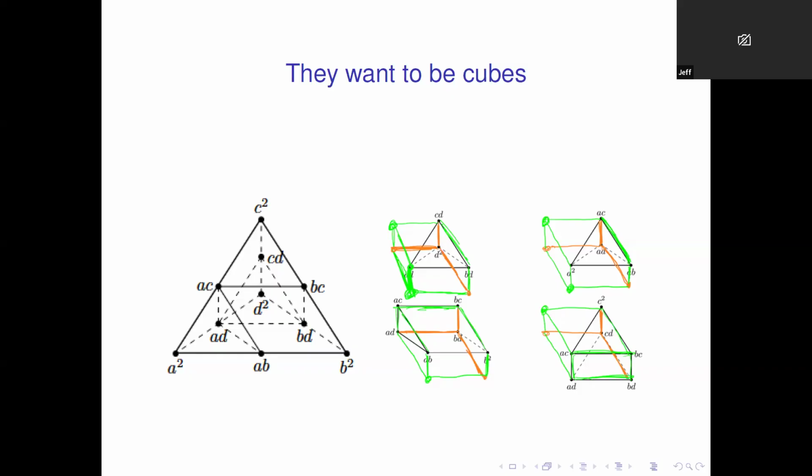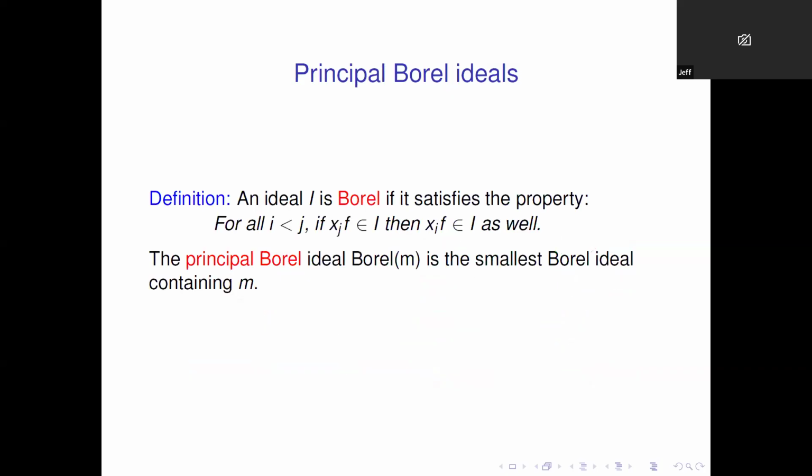And so what you can hopefully see is that the box that we're seeing is built up of some edges, but also some diagonals of the box that really wants to be there. But the extra stuff is going into territory where some of the variables have a negative exponent, and that's not allowed. So somehow whatever's going on is that in order to build a resolution of the power of the maximal ideal, you really want to take the lattice point construction and chop it into cubes. And I'm going to mess with that idea.